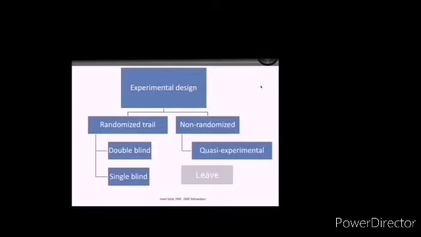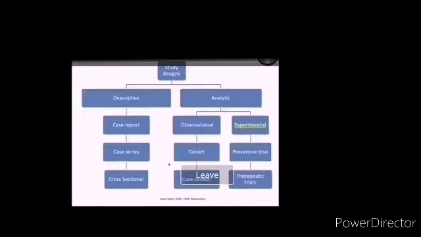And the patient also does not know whether it is A or B. When you design it in such a way, that is called a double blind randomized trial. And you can very well think on your own which trial is more authentic, non-randomized or randomized. How we actually decide about study design, I hope now you have got a very clear concept.